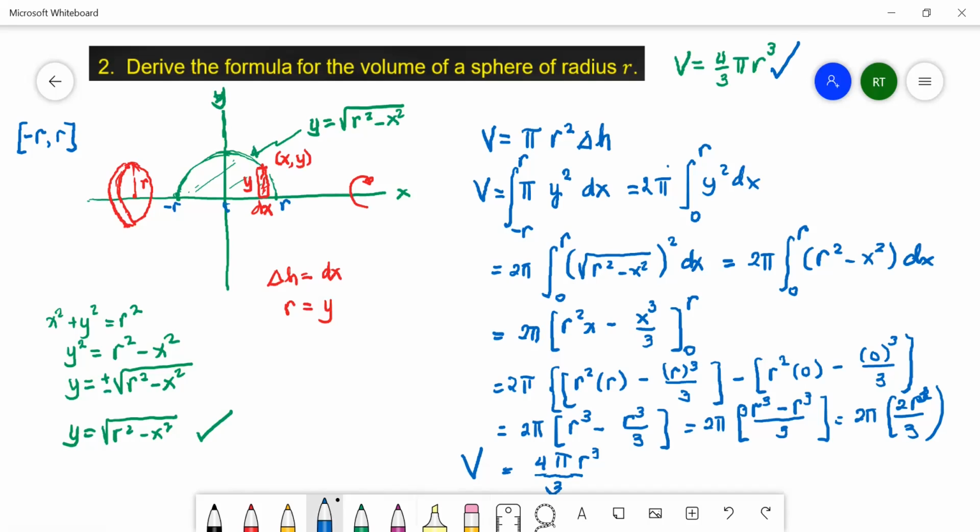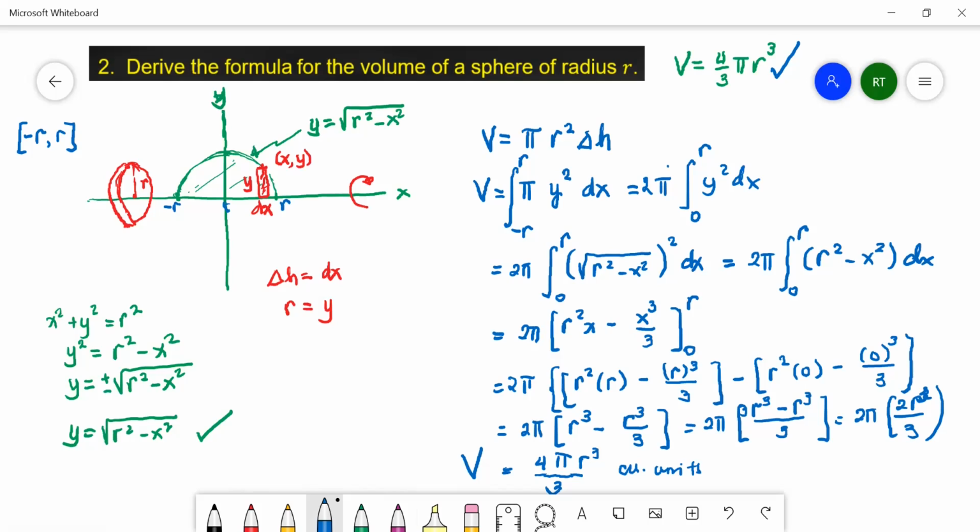As a result of integration, we have volume is equal to 4/3 pi r cubed cubic units. We were able to derive the volume of the sphere of radius r by considering a semicircle revolved about the axis of revolution, which is the x-axis.